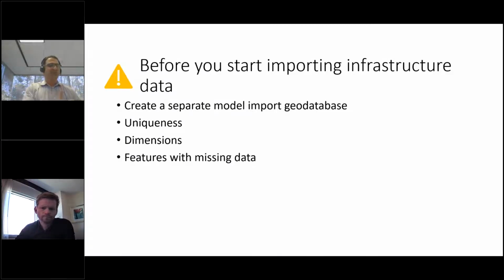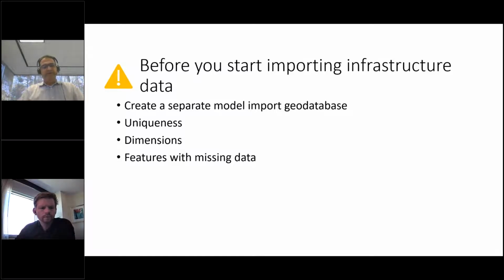Of course, you can change them once you import them into the model, but it's much easier to clean all this up before you start importing into the model, because once you import, the amount of work required to repair and fix it increases with the complexity of the model.